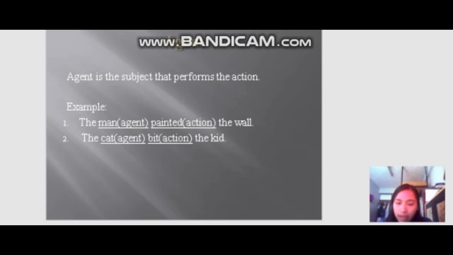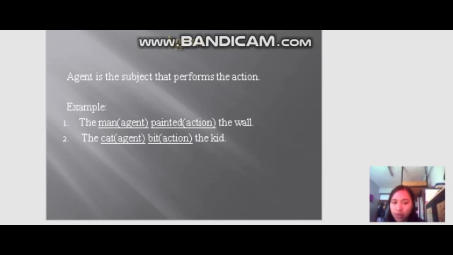Next, "The cat bit the kid." The agent is the cat, and the action the cat does is bite the kid.